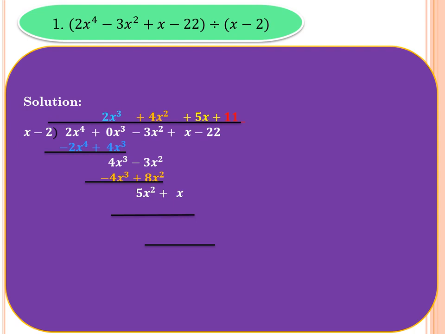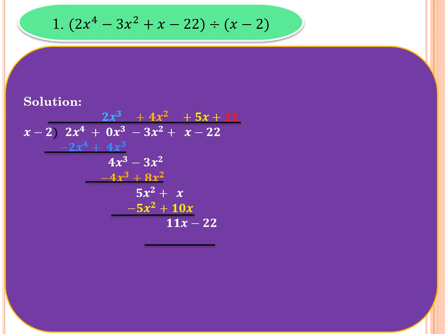Then, 5x times negative 2 will have negative 10. But why is it negative now, and positive was placed here? Since we always change the sign of the subtrahend. So, that's why we have negative 5x squared plus 10x. Now, adding these two, we will have 11x minus 22.